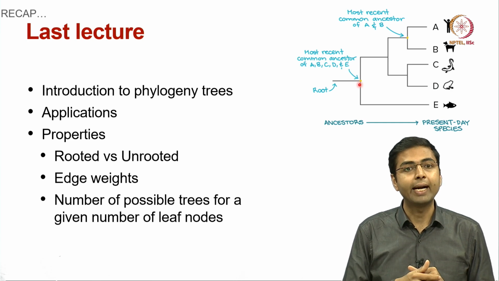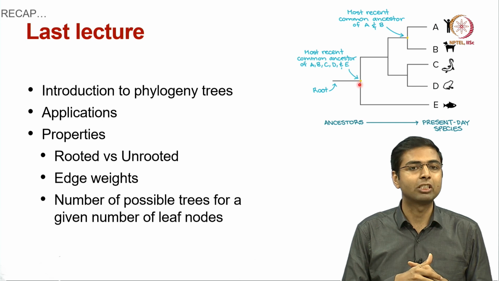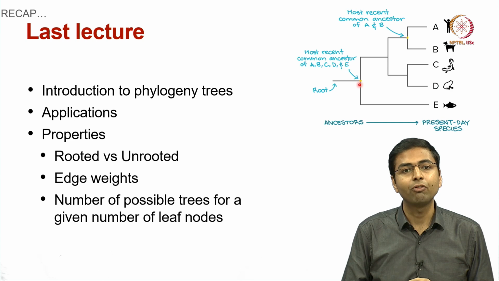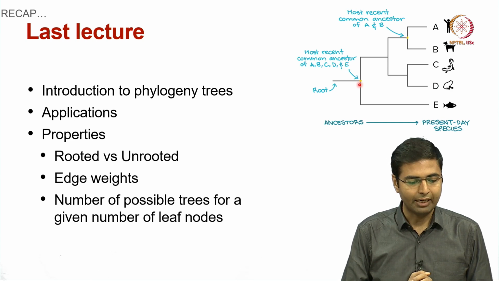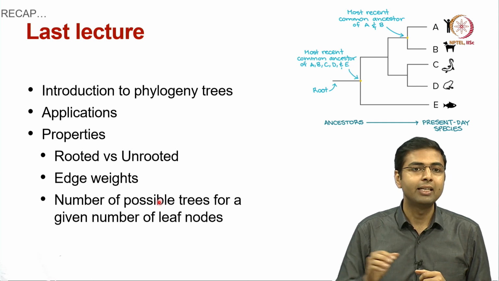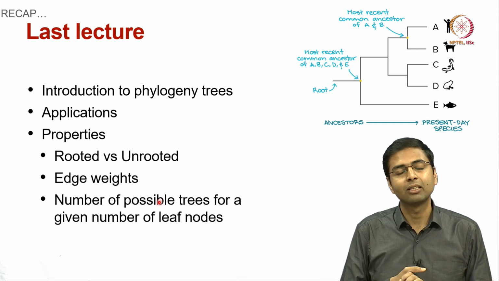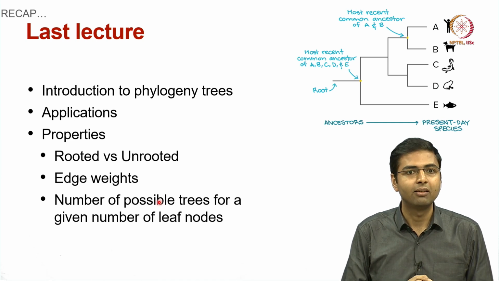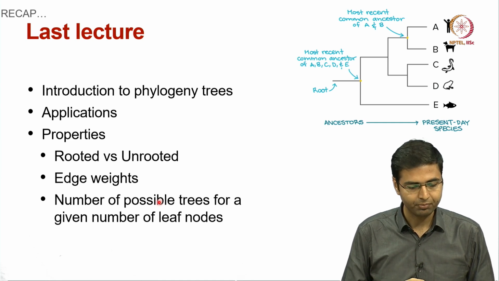And we also looked at that the total number of distinct possible trees can be extremely large if you are given a number of leaf nodes. So that was the third point, to emphasize that we cannot consider enumerating all possible trees while looking for an optimal tree for this problem.